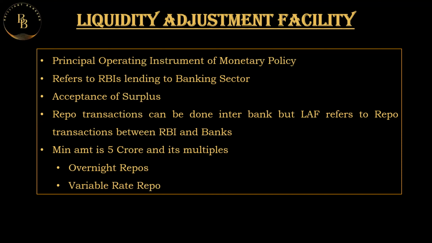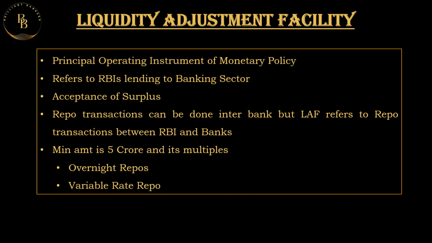By adjusting the repo and the reverse repo rate, the RBI can signal its monetary policy stance. For example, whenever there is an increase in the repo rate, it can be a measure to control inflation by reducing the money supply, while decreasing it can stimulate economic activity by making borrowing cheaper. The LAF therefore provides a mechanism for the RBI to regulate the liquidity in the financial system and achieve its monetary policy.